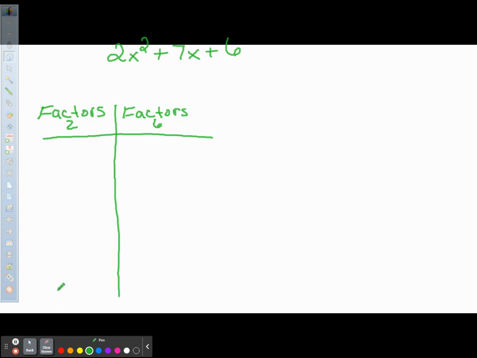Your factors of 2 are 1 and 2 and 2 and 1. But I'm just going to leave them as 1 and 2, because the first one you can leave. Okay, so you got 1 and 2, and then what are the factors of 6? 1 and 6. So you could put the 1s together and the 2 and 6 together, or it would be 6 and 1. So you could do 1 and 2 and 6 and 1.